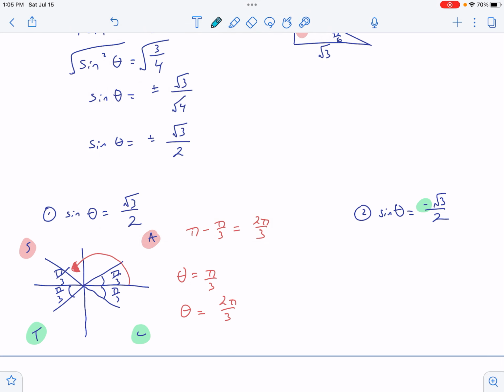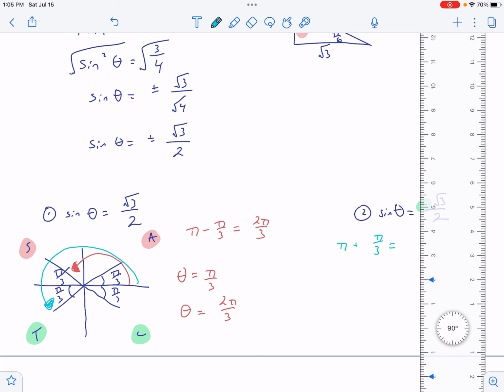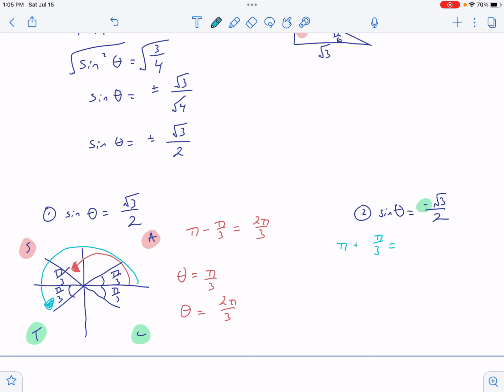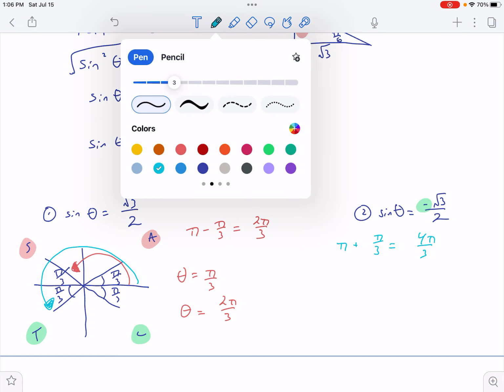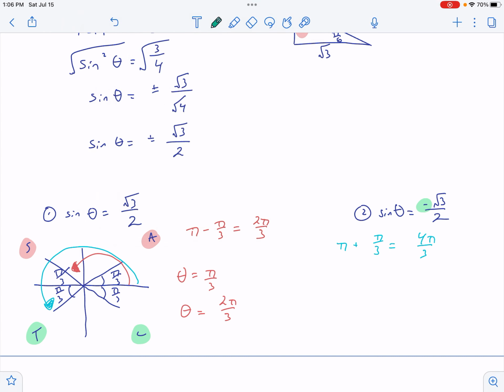Well, the first option that we come around is going to be pi plus pi over 3, which is going to be 4 pi over 3. And then our second option is going to go all the way around here.